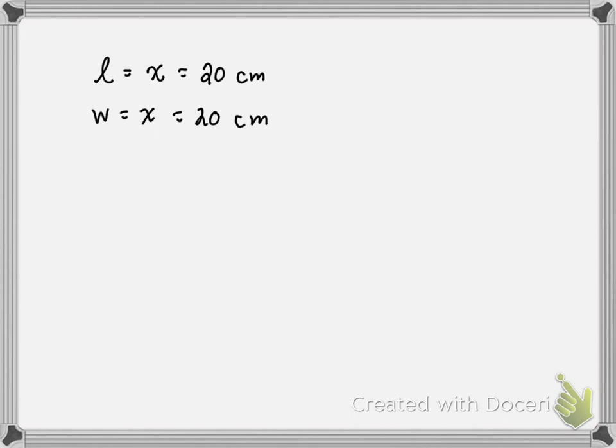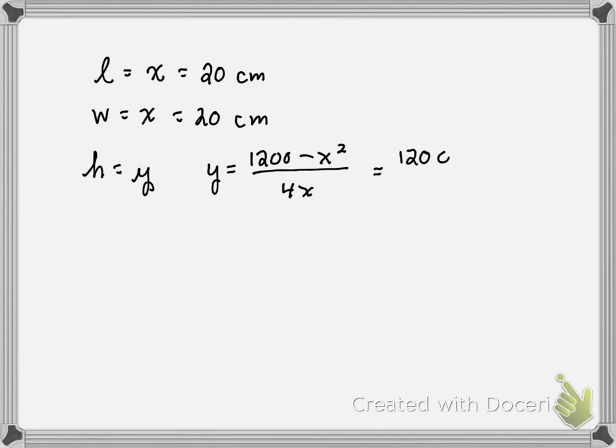So now we have to find the height. Remember, that was y. We wrote up the function for y, and we said that y equals 1200 minus x squared all over 4x. So we can plug that in. We get 1200 minus, now remember x is 20, and we're going to square that, over 4 times 20.